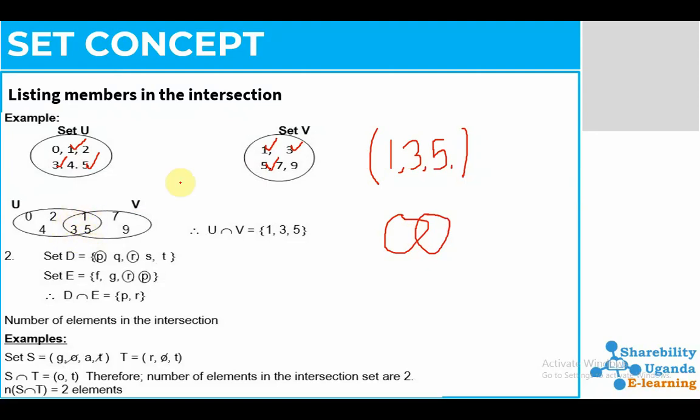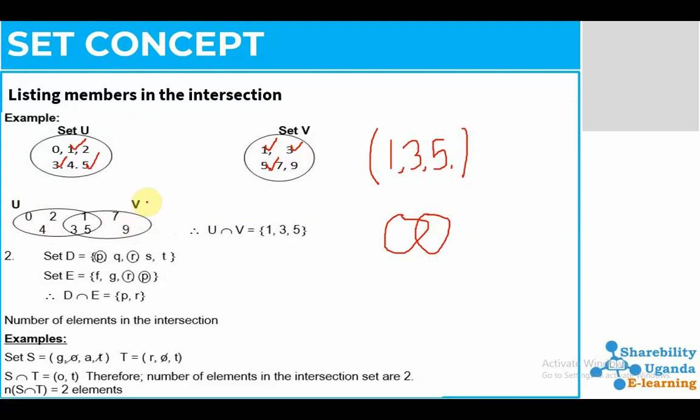And now the remaining, we see we have a 0, we have a 2, we have a 4. These are the ones that have been indicated. Which other members are remaining in our set V? Yes, we have a 7, we have a 9. So these are the members 7 and 9.